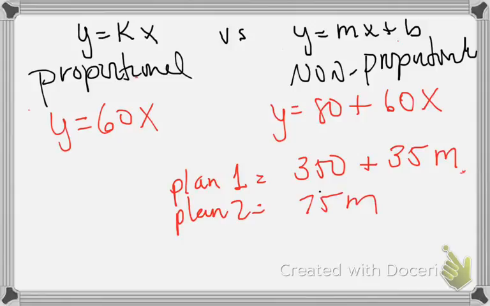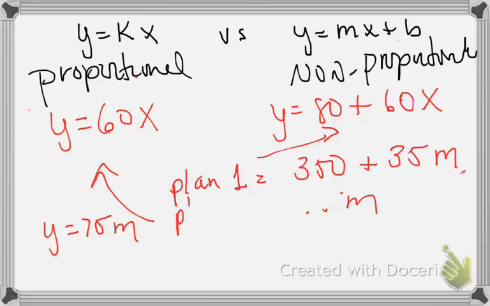So plan one would fall under the mx plus b one, so this would go here, and plan two would be under the y equals kx. So this would be y equals 75m, and you can see the other one would fall under y equals mx plus b.